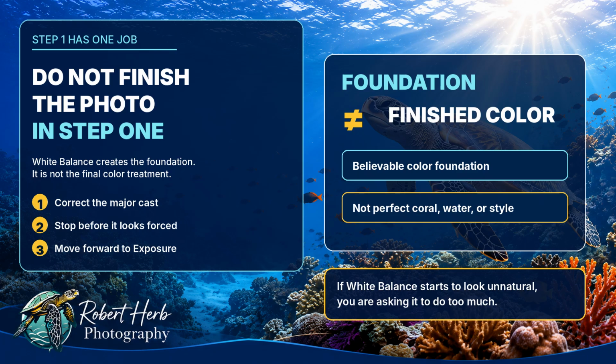Neutral areas may begin to look magenta. White balance is not the finished color treatment. It creates a believable foundation so you can judge the next step. Once the strongest color cast is corrected, stop. Move forward to exposure. Then let the rest of the system do its job.